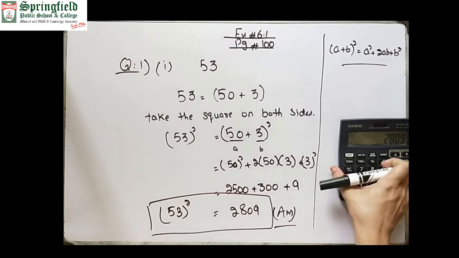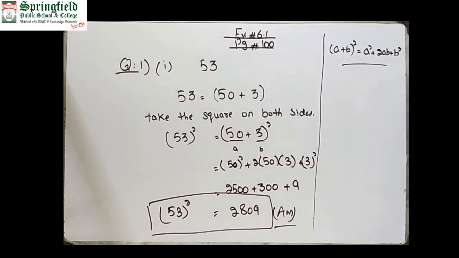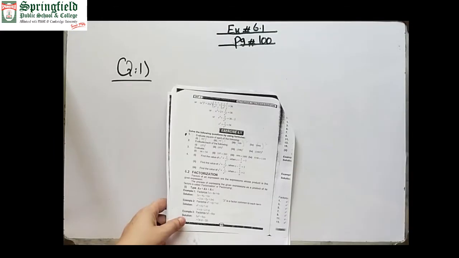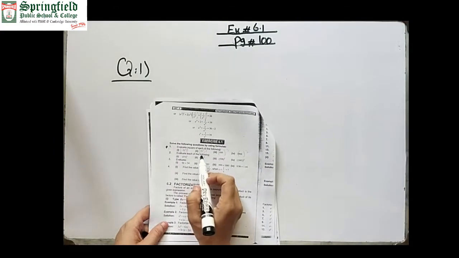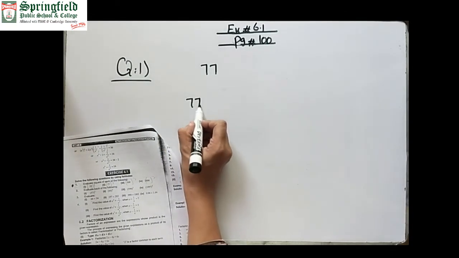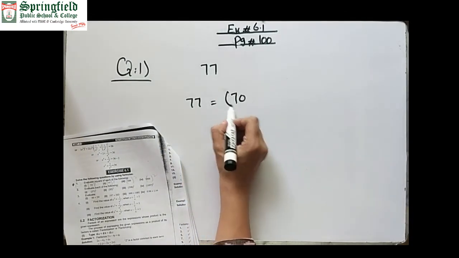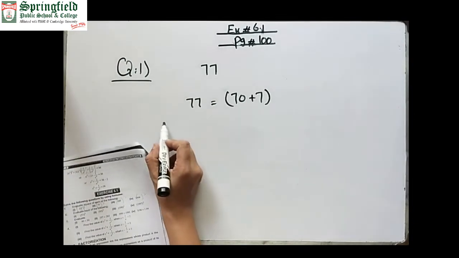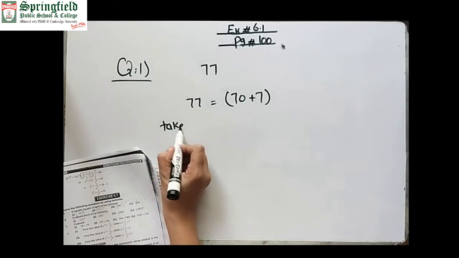Understood, friend? Okay, now come to the second part. The number is 77. So beta, 77 can be written as 70 plus 7. Now take the square on both sides.